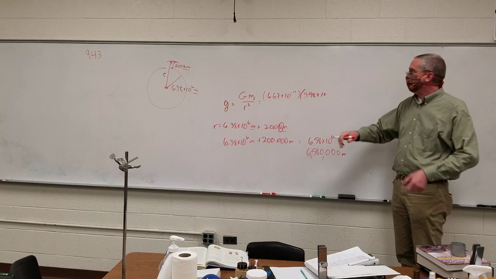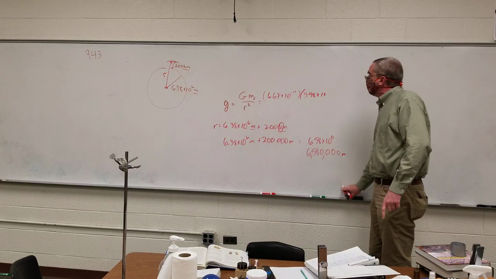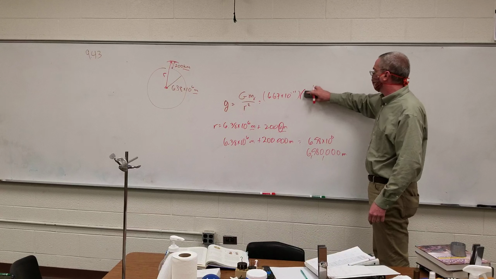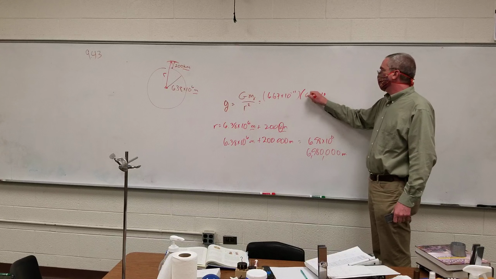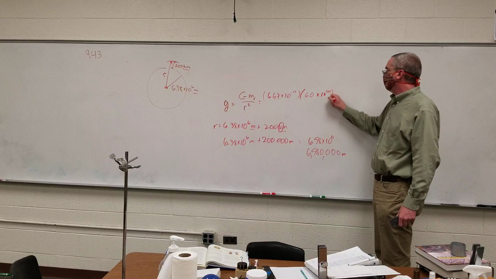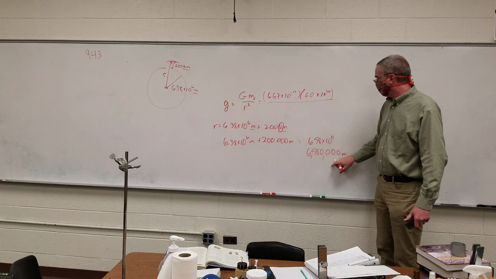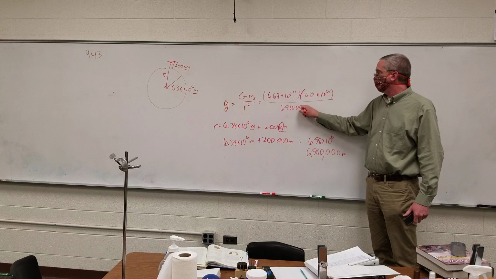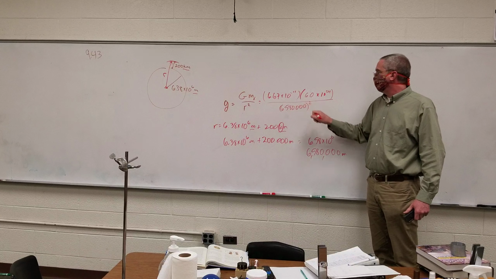In this particular problem, they used 6.0 times 10 to the 24th, divided by this number down here, 6,580,000 squared.